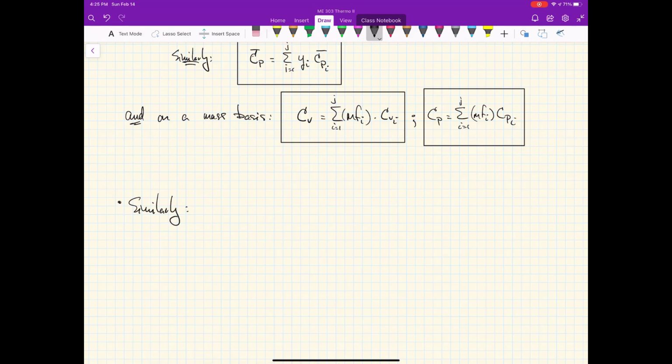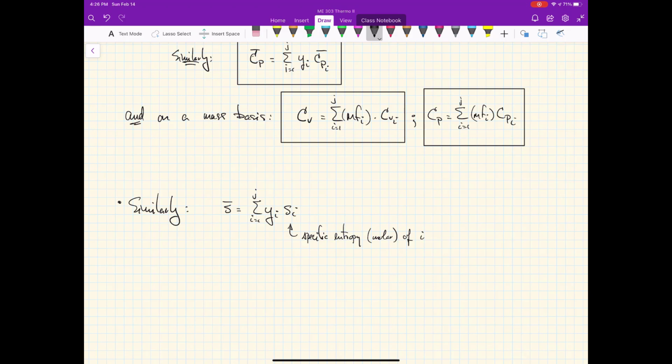And finally, the entropy, because it's an extensive property, is also going to scale like the sum of each individual entropy over the entire mixture.